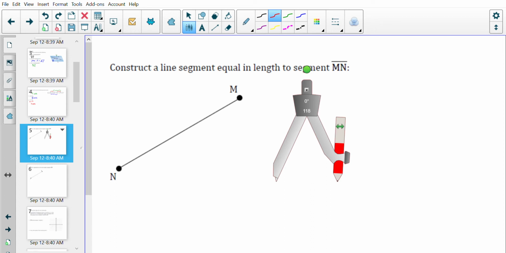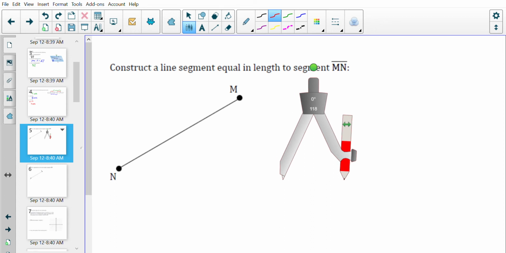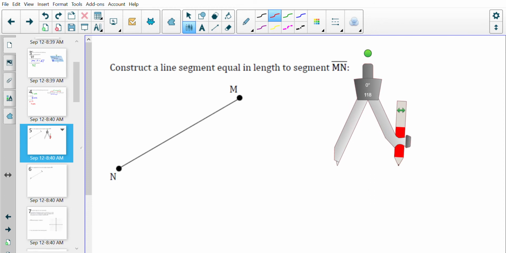So what I need to do is construct a line segment equal in length to segment MN. I could get a ruler out, measure it, and then start from one to the other, but that's actually a little involved. And you got to be exact, and you could make a slight error.